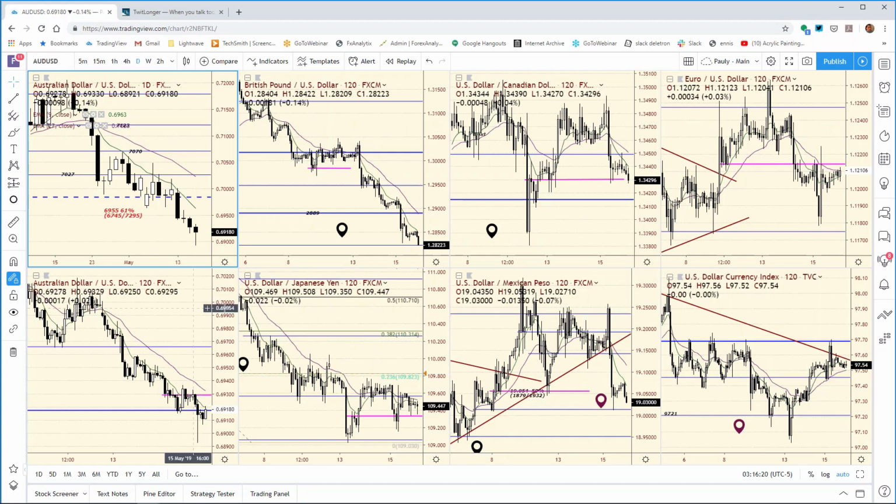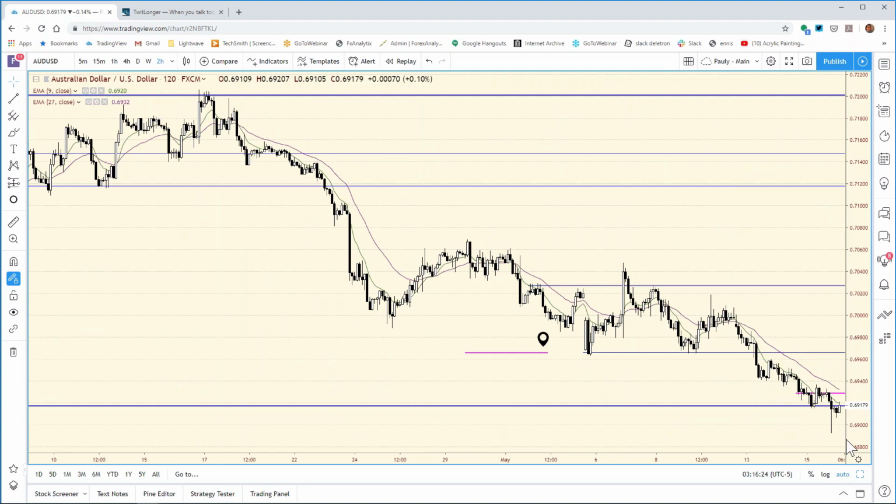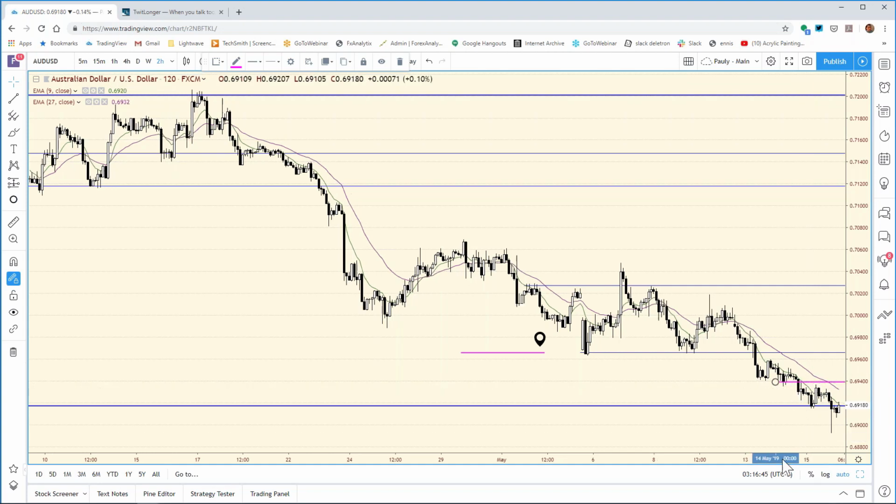We'll take a look at it here on the 2-hour chart.